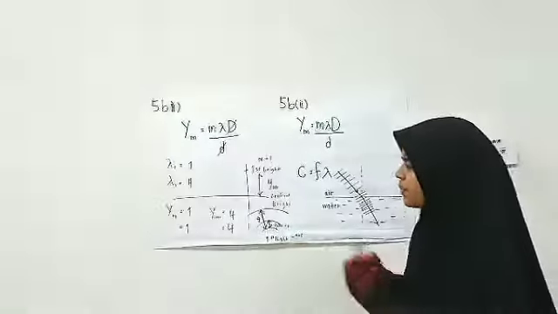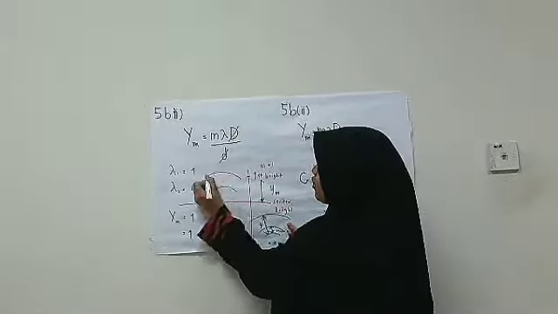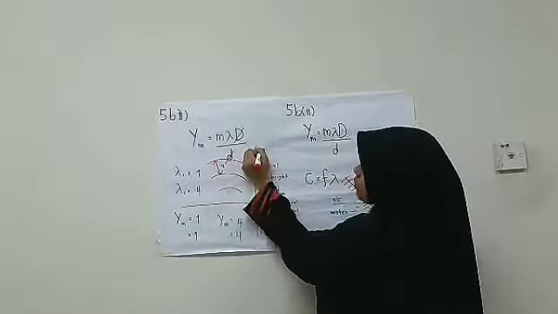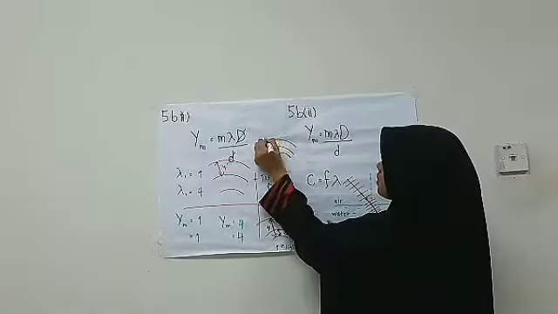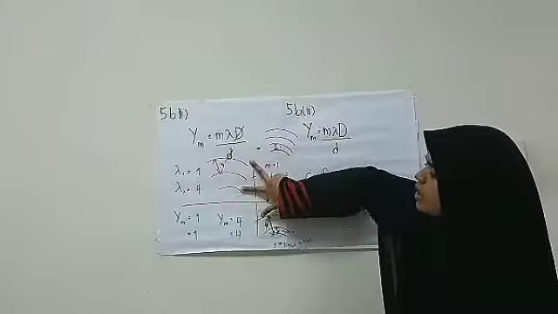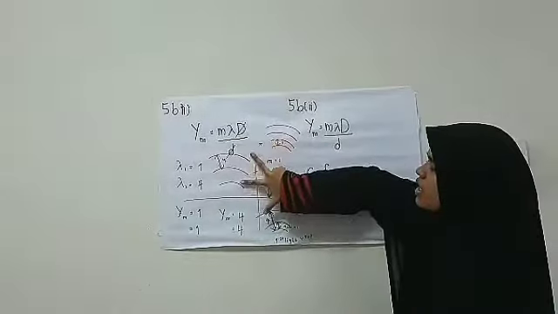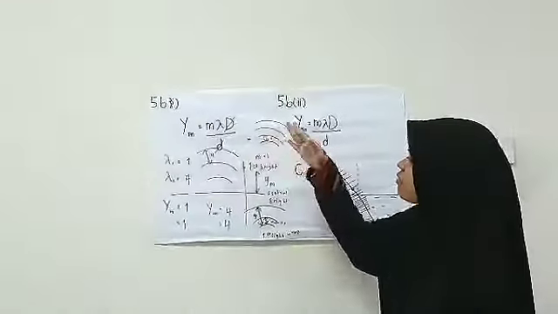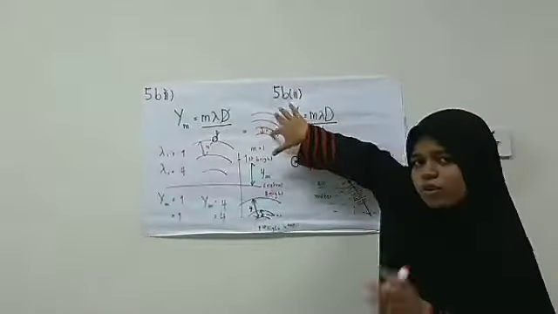If the distance is 4, compared with the light wave of wavelength 1, which is this, for the second light wave with wavelength 4 we get only 3 wavefronts. We only can see 3 wavefronts on the screen. But if lambda is small, we can see a lot of wavefronts on the screen.